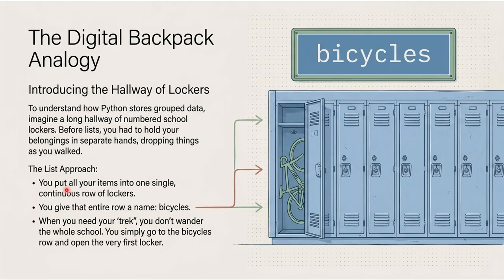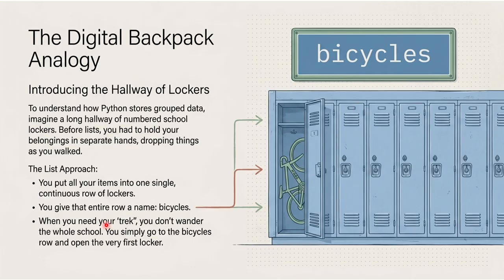After this hallway of lockers was created, you started putting all your items into one single continuous row of lockers, and you gave the entire row a name, like bicycles.